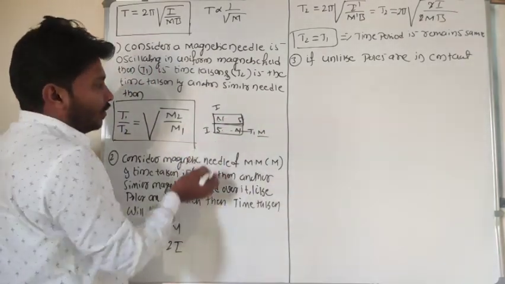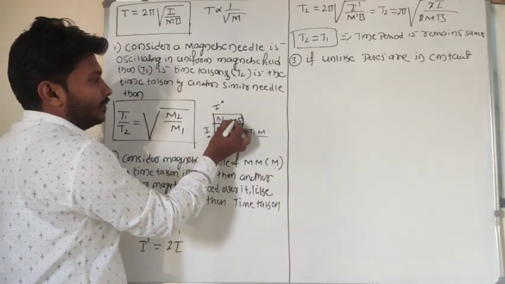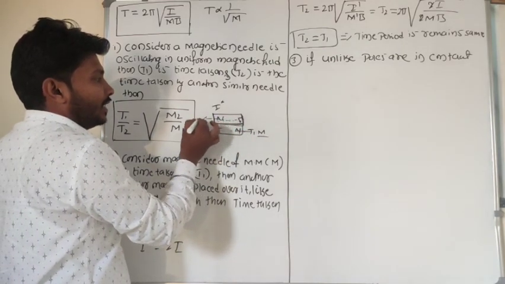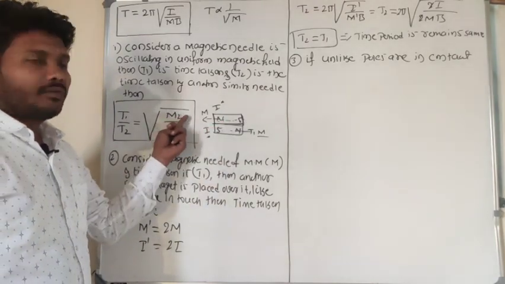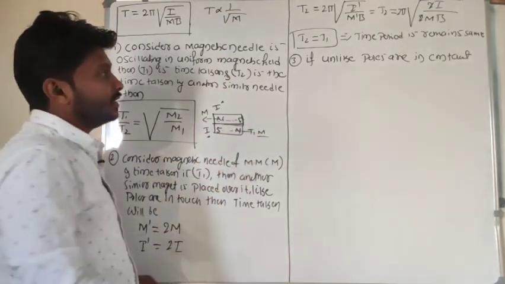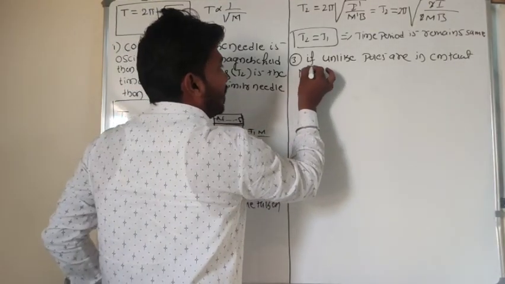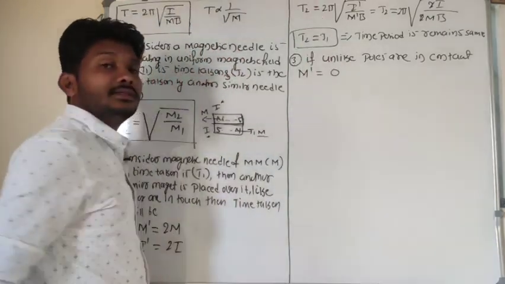Now these two magnets have moment of inertia I only, and the direction of m is reversed here. This is m for the second magnet, this is m for the first magnet, so both are in opposite directions, meaning m dash is equal to m minus m, that is 0.